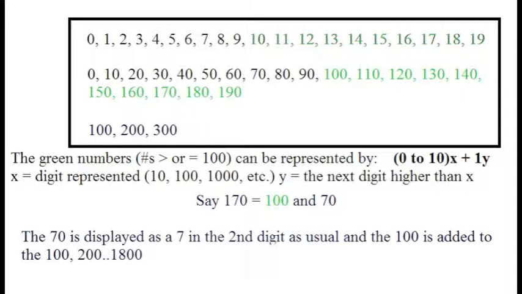In the ones place, the possible inputs are from 0 to 9. We can add 0 to 9 to any number from 0 to 9, but the highest number is 19 and the lowest number is 0.